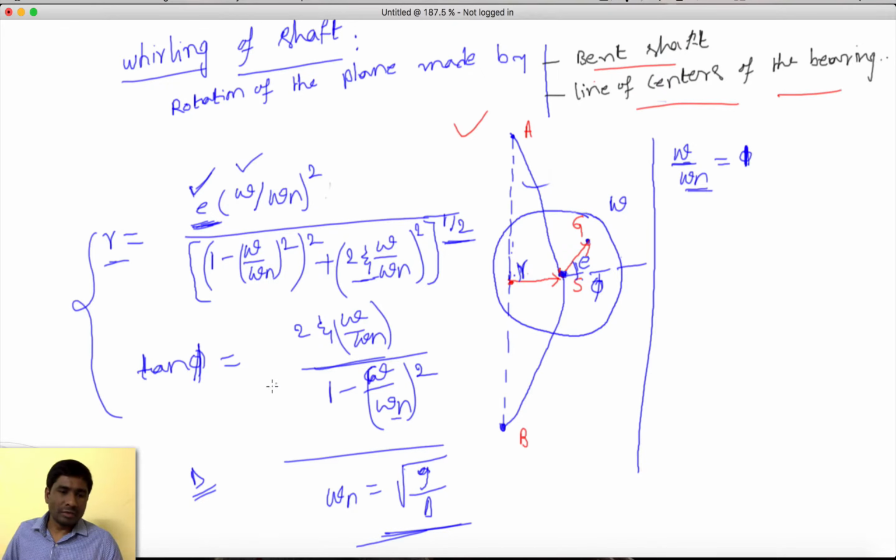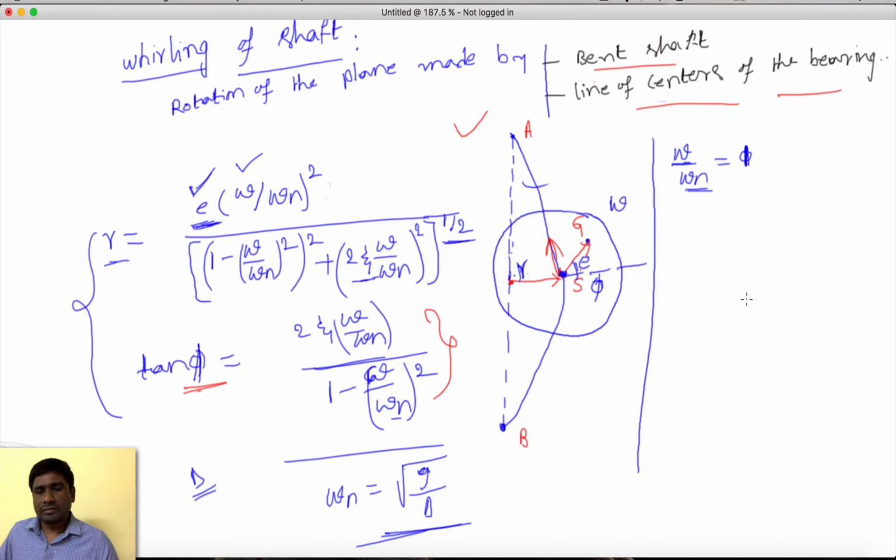So what happens from this equation? If I substitute in this equation, this will become infinity. So tan infinity means it's 90 degrees.